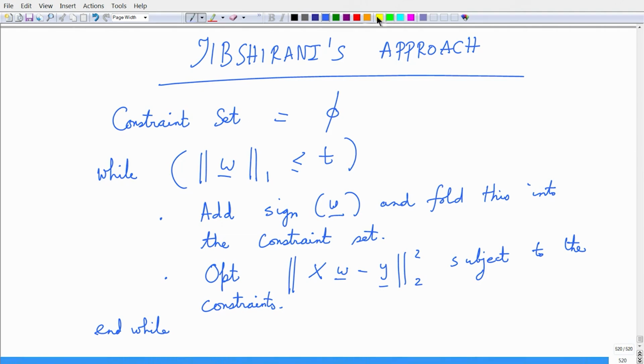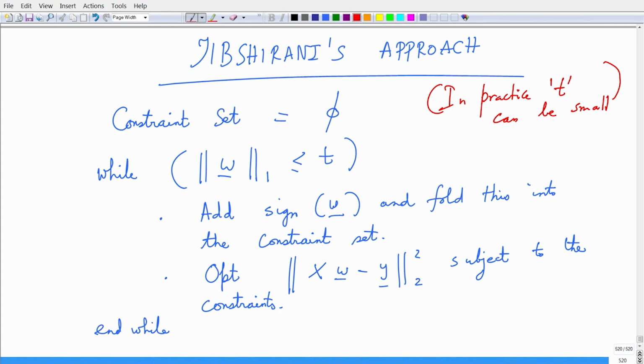So, in practice t can be small, but still this is an exponential cost in the way you would have to solve this problem, but using this approach you can solve the problem. So, you start with a null set, then you go through this while loop.